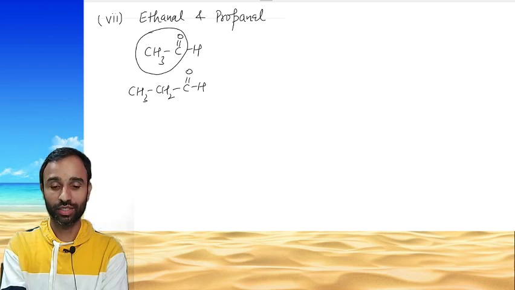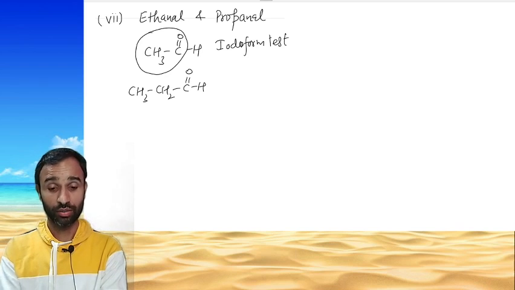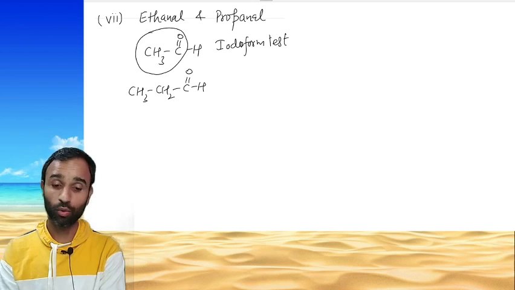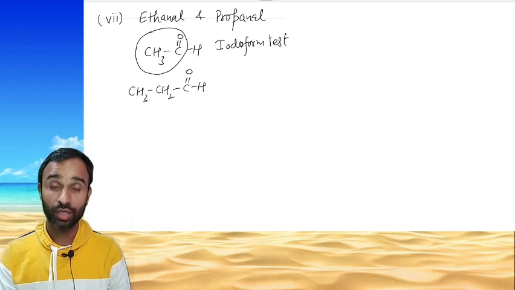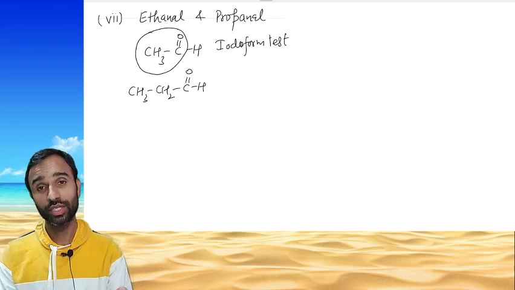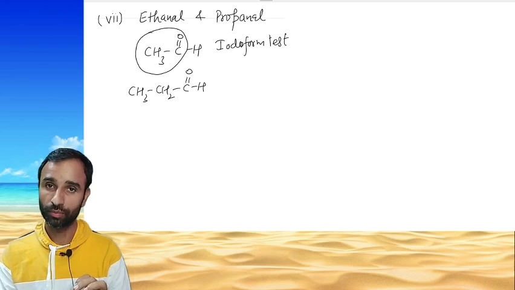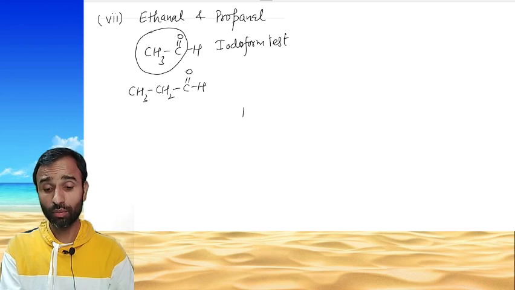So it will give iodoform, because the Tollens reagent test is given by both, as both are aldehydes. Even the Fehling solution test is given by both, but the iodoform test is given only by this CH3CO group. So keep in mind, the iodoform test is very, very important.